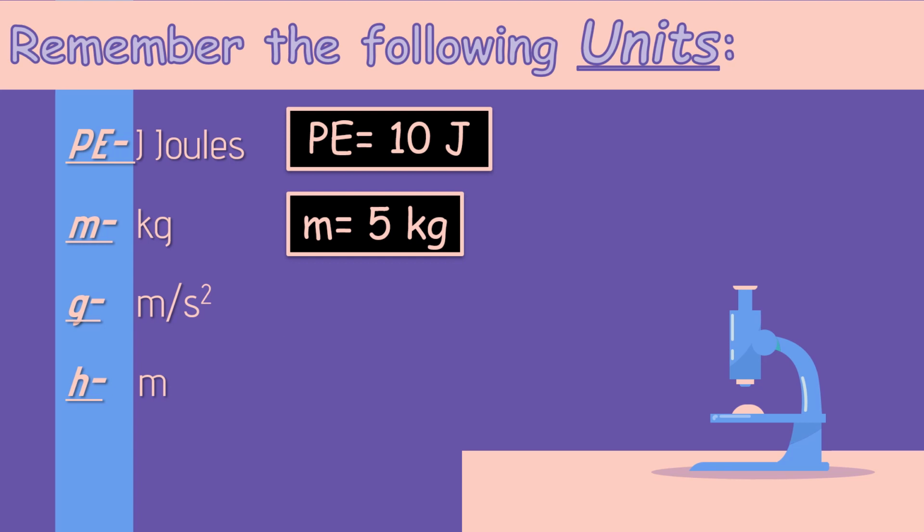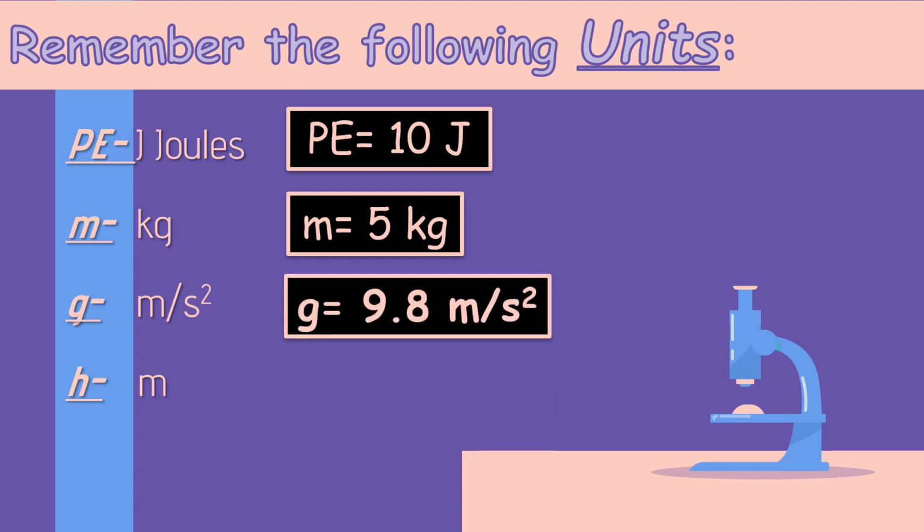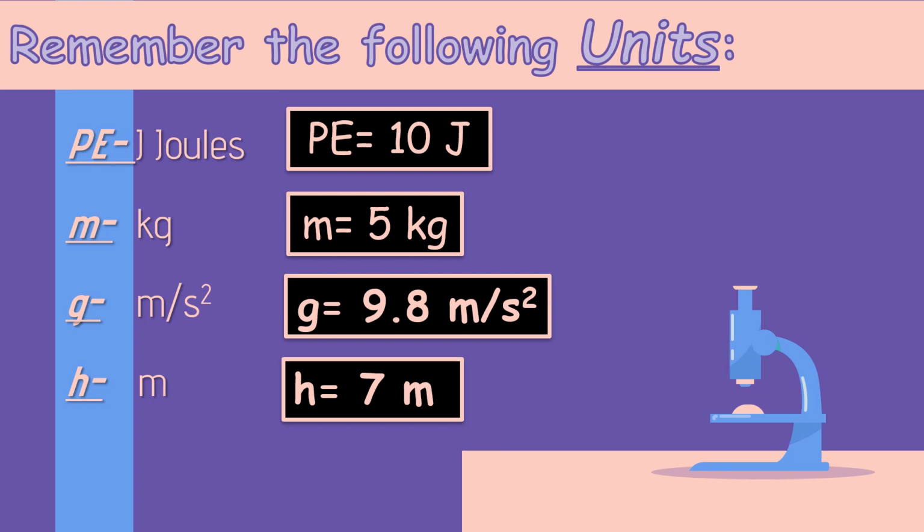Another one, if you see 5 kilograms, 10 kilograms, it is considered as mass. While the gravity has a constant value of 9.8 meters per second squared, meaning to say, gravity is always present when we are finding the potential energy of an object. While examples for height are 7 meters, 9 meters, 10 meters.